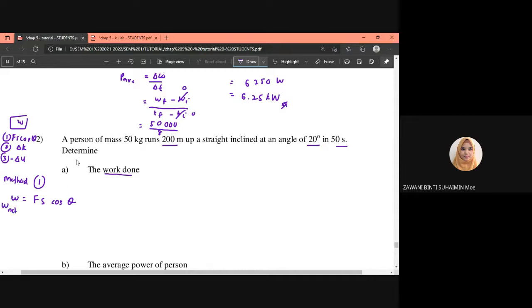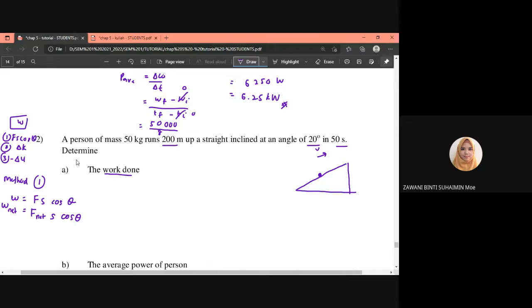Bila dia nak work net, force dekat sini pun kenalah awak tahu, kenalah force net, F s cos theta. So tugas kita sekarang kita kena draw free body diagram lah. Kita kena tahu that person is moving upward at an inclined surface. So maksudnya it's run upward lah kan, so straight ke atas ni adalah motion dia.